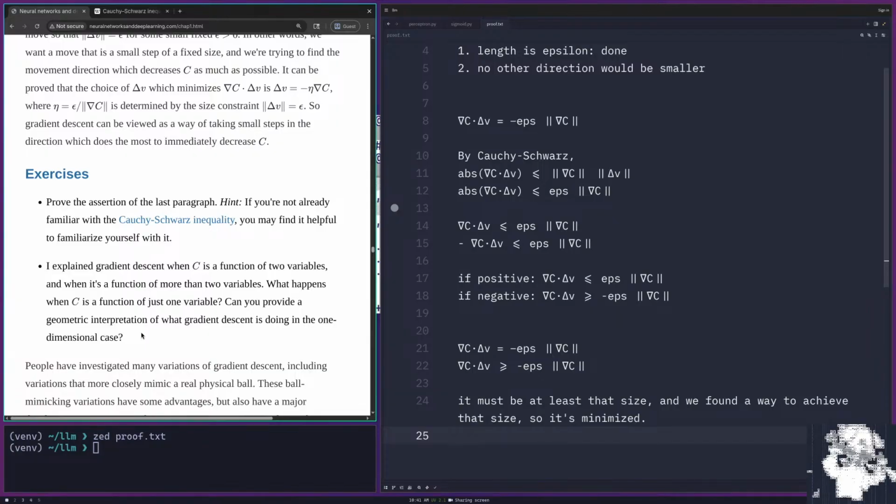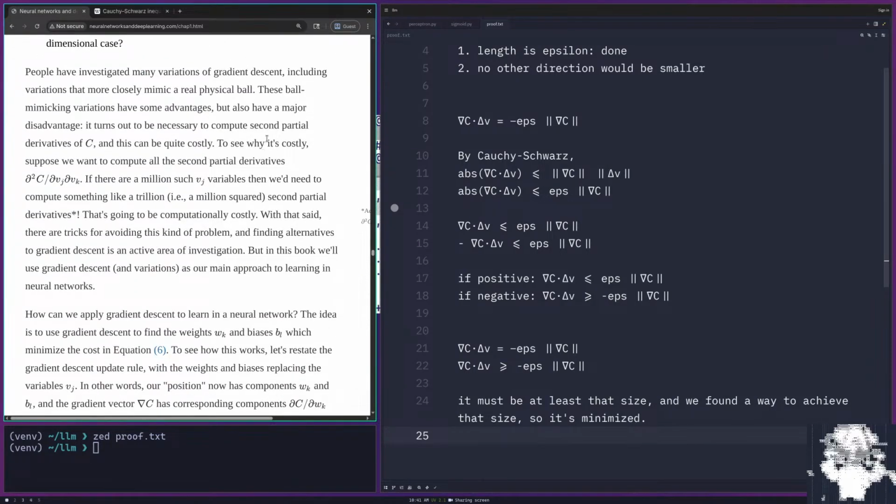And so you're moving either left or right, and then you're multiplying the amount you moved by the slope to get the change in c, because that's how slopes work. The change in height is going to be the slope times the change in x. So that's that.